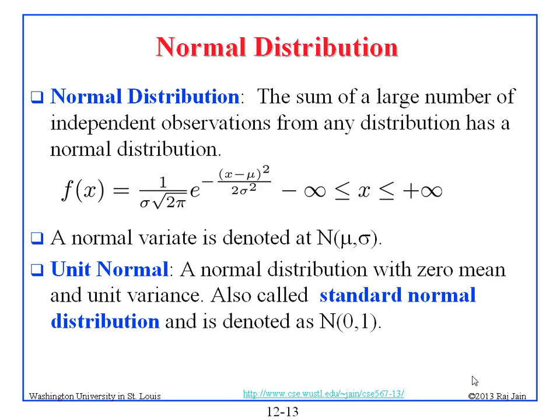This is also called the bell-shaped curve. The name normal simply means that this is what normally happens: you take any distribution, take a lot of numbers, add them up, and take the mean, and therefore the mean is normally distributed. So the mean from any distribution is normally distributed.